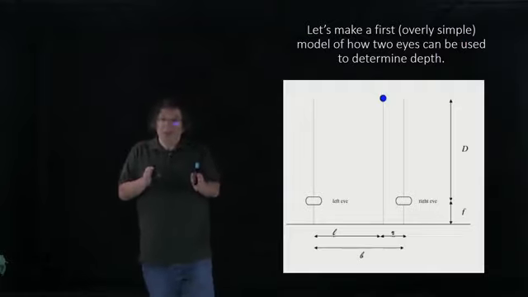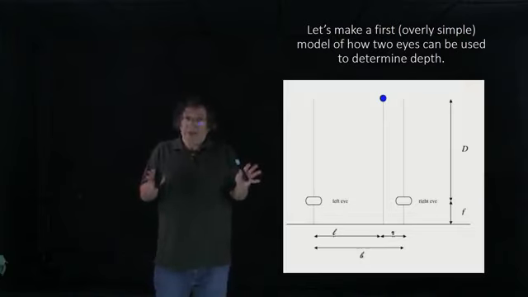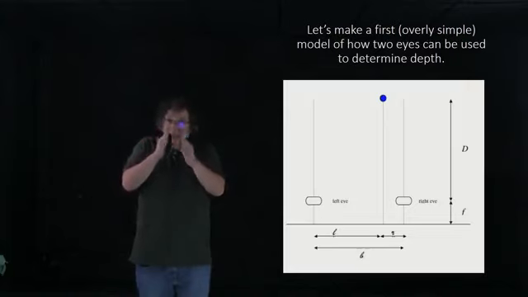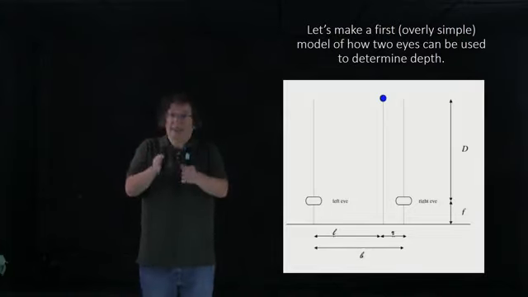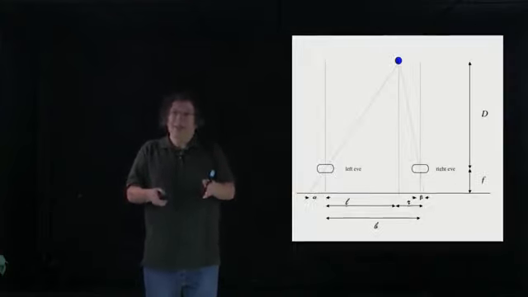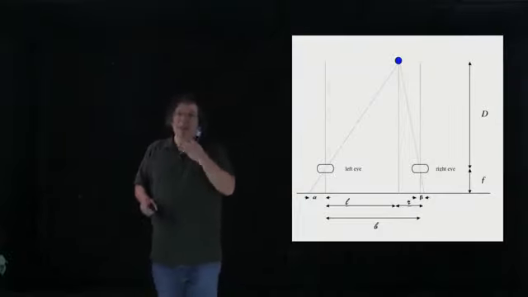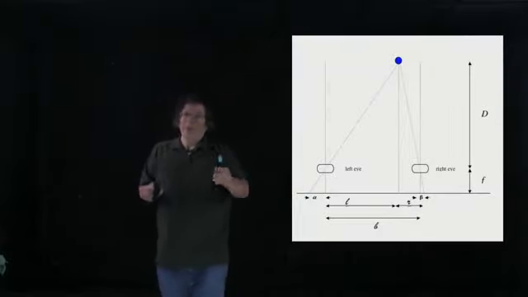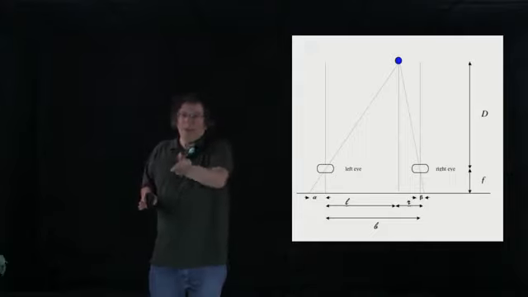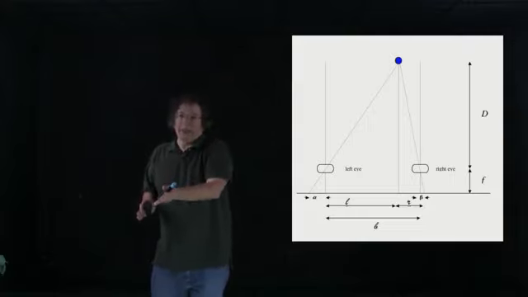Now, we're going to do a little bit of geometry looking at this diagram. And remember, what we're after here is the distance. We want to compute the distance D, knowing that F and B are constants. So here's what we're going to do. Draw the line from the blue point to where it projects onto the retina.